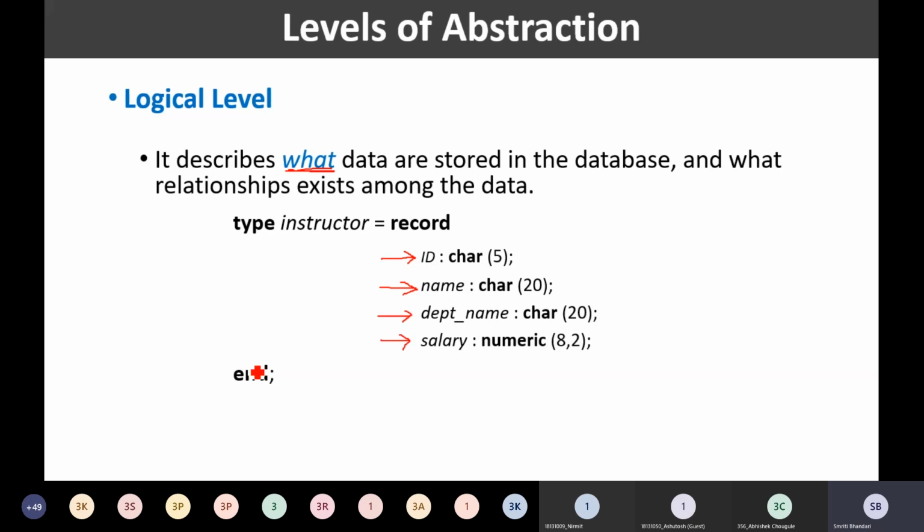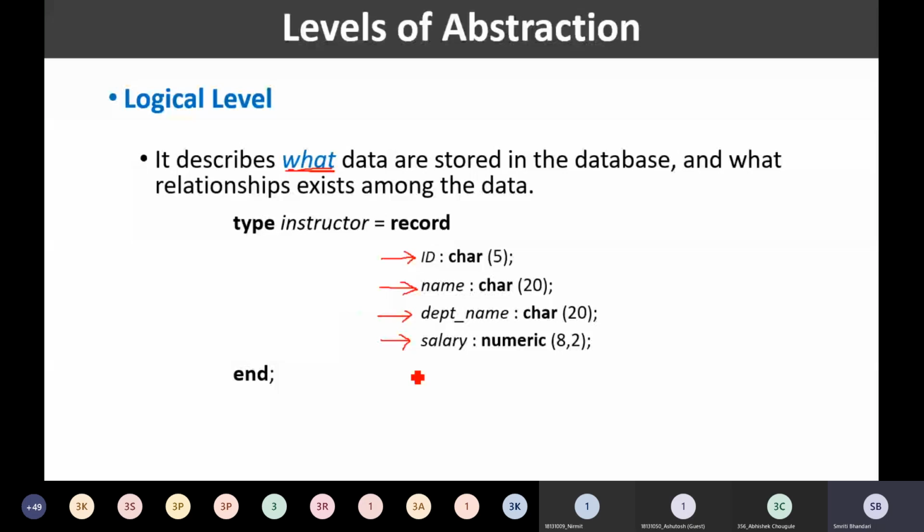So the person who is working at this level, logical level, needs to know what data needs to be stored. So what needs to be stored in the database? Say for example, data related to instructor, the similar kind of data related to student, data related to courses. That data needs to be stored in the database, right?